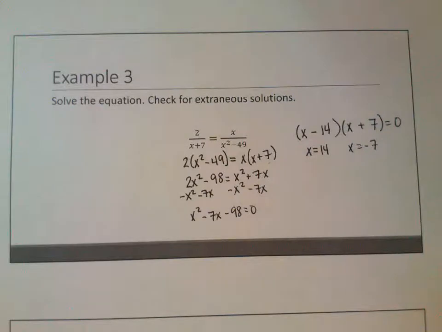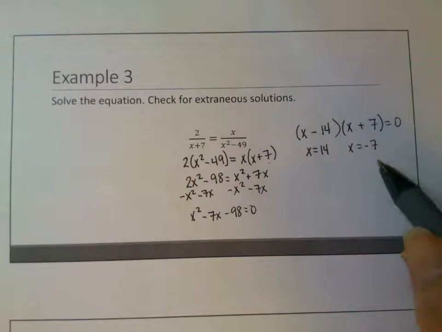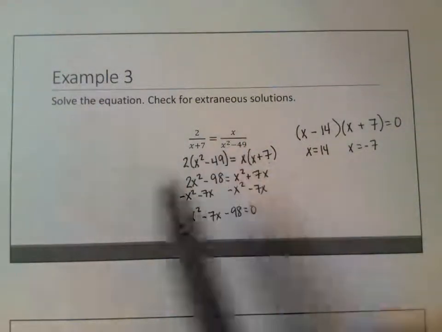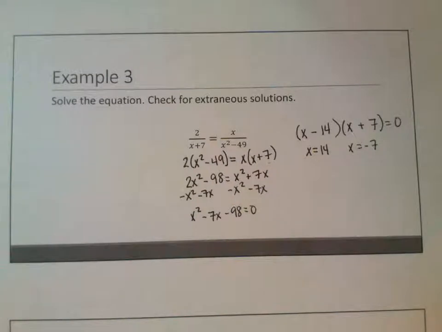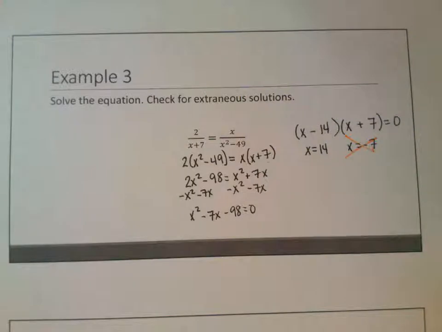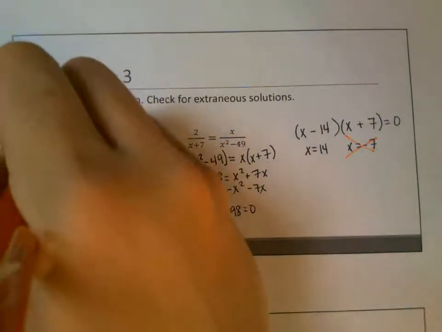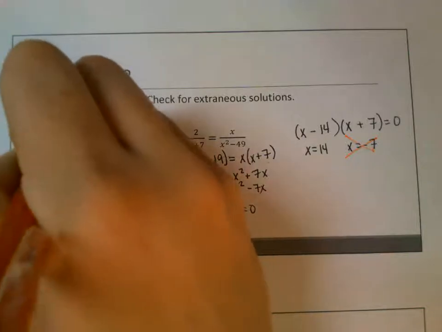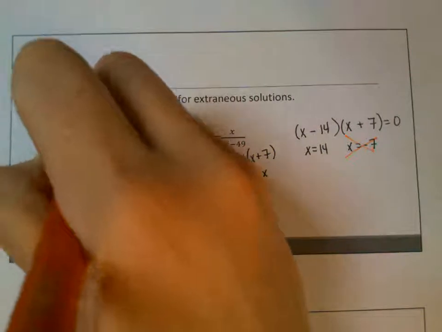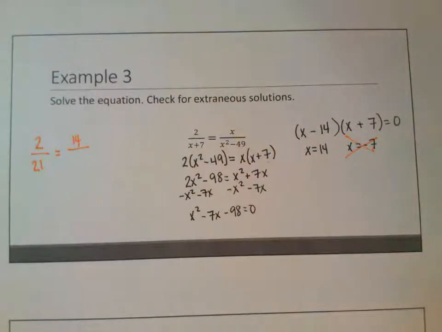All right, so let's do a quick check here. Right off the bat, I can see that if I plug in -7, that's going to give me a 0 here and here, actually. So that one is a super extraneous solution. So I'm going to cross that out. But if I plug in 14, I get 2 over 21 equals 14 over 14 squared, which would be 196.